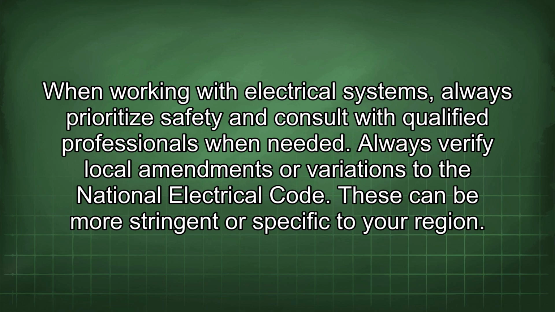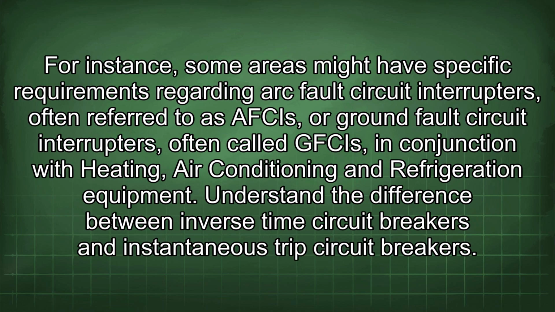Always verify local amendments or variations to the National Electrical Code. These can be more stringent or specific to your region. For instance, some areas might have specific requirements regarding arc fault circuit interrupters, often referred to as AFCIs, or ground fault circuit interrupters, often called GFCIs, in conjunction with heating, air conditioning and refrigeration equipment.